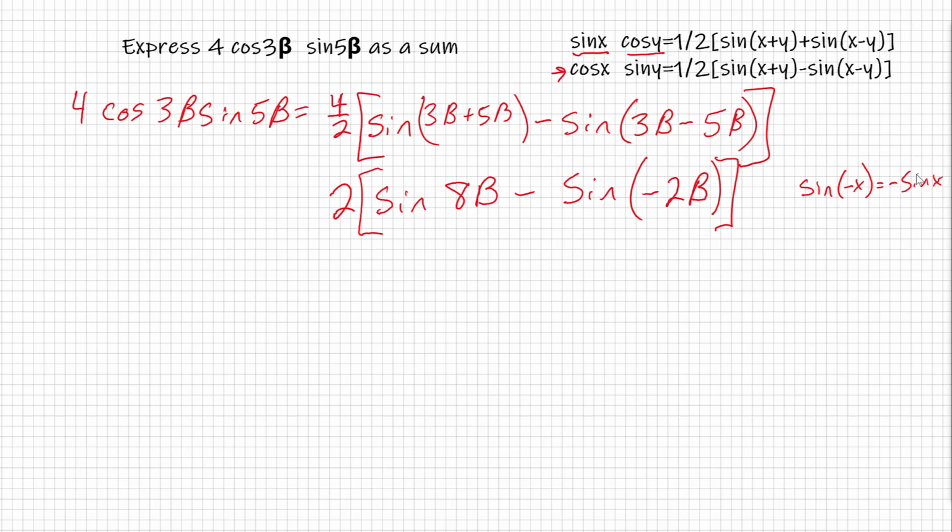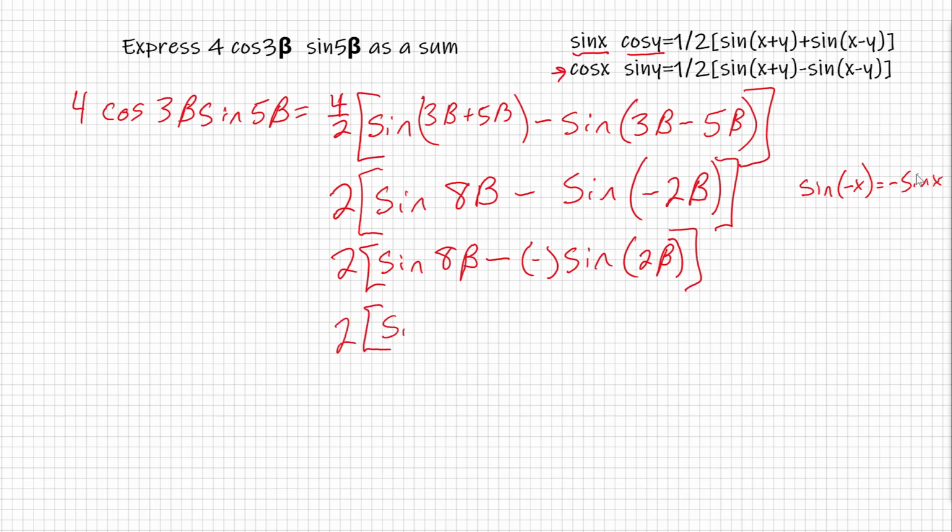So this sine of negative 2 beta can be thought of as 2 sine 8 beta minus a negative sine of 2 beta. So in other words, we end up with 2 sine 8 beta plus sine 2 beta.